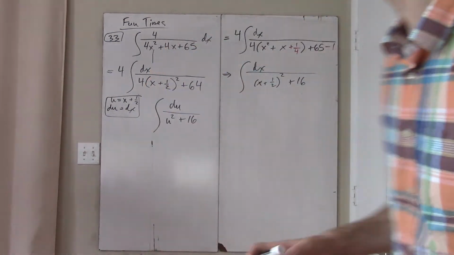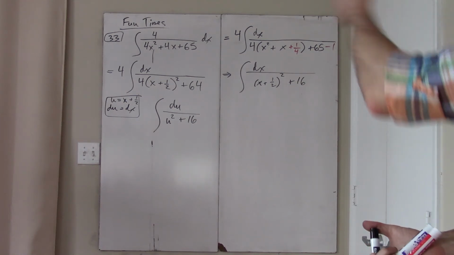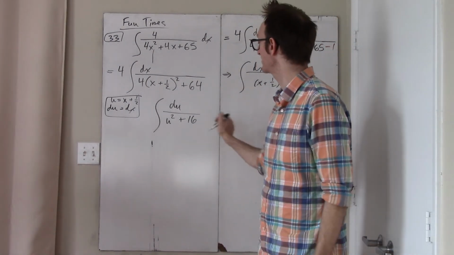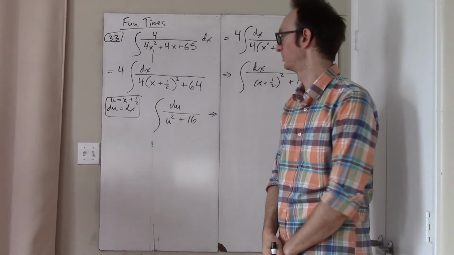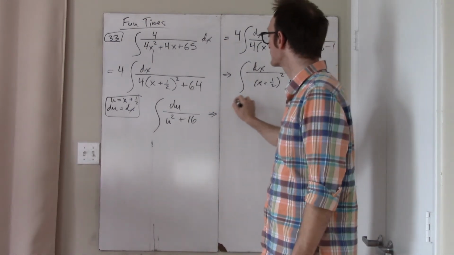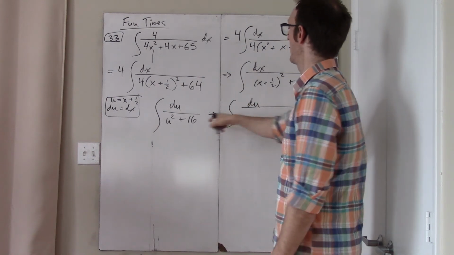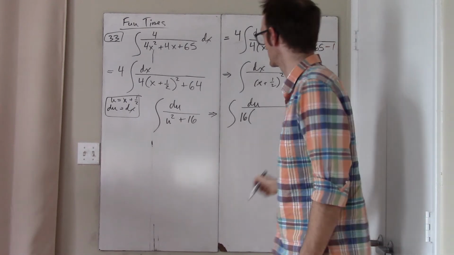Now what? Well, people who are paying attention know that, because we've seen a problem like this before, in fact twice, this is arctan looking. In fact, if that 16 were not a 16 but were instead a 1, then this would just be arctan u. So what do I do now? Engage the arctan algorithm. Factor out a 16 in the denominator.